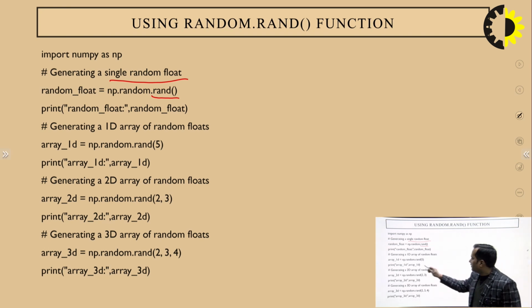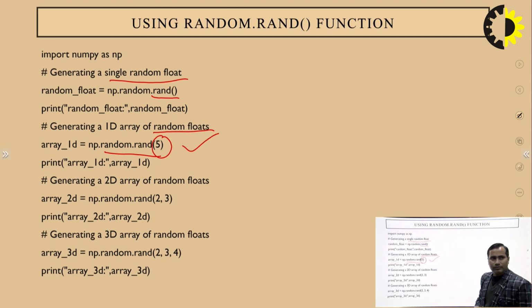And in this call, we have provided a parameter. We have provided a single parameter 5, and it will generate a 1D array of random float values. So the data type is float, and it generates a 1D array here.